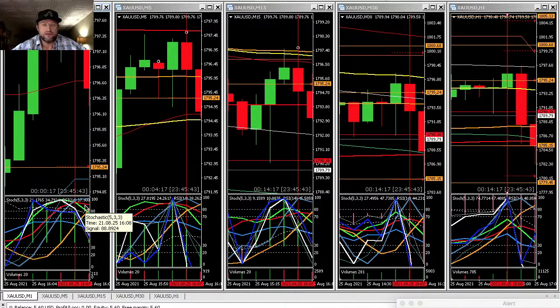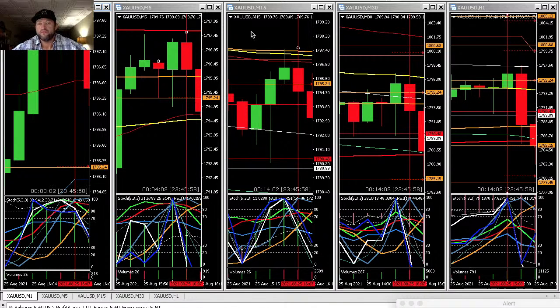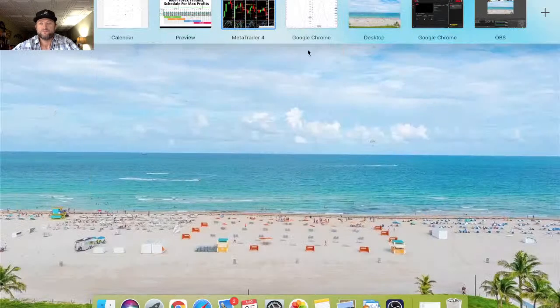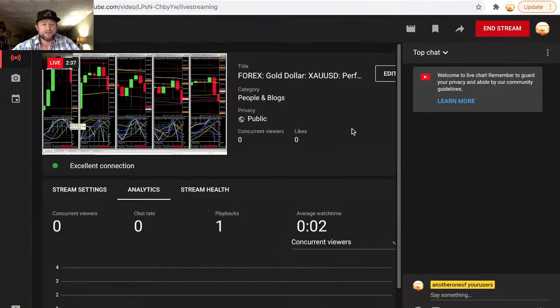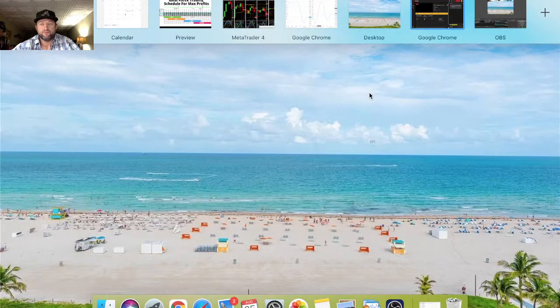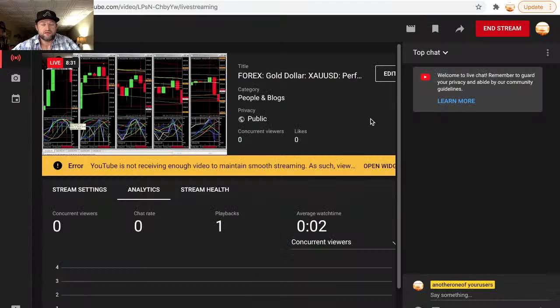I find it to be the least laggy and the most accurate in terms of local price action on each time frame. So basically I have a 1 hour, a 30-minute, a 15-minute, a 5-minute, and a 1 minute, right?